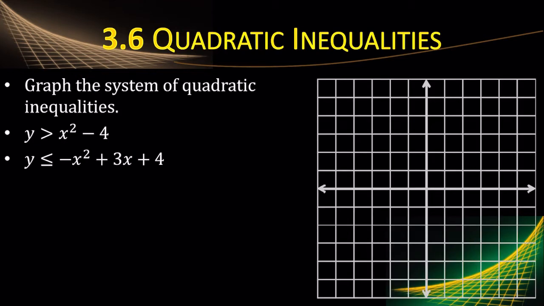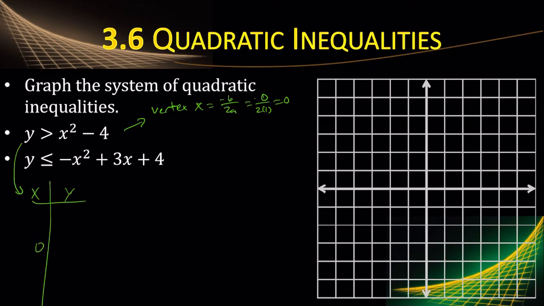All right, let's graph the system of inequalities. So let's take the first one, find its vertex. So b is 0. There is no b, so it's 0 over 2, which is 0. So when I make the table for it, 0 is going to be in the middle.